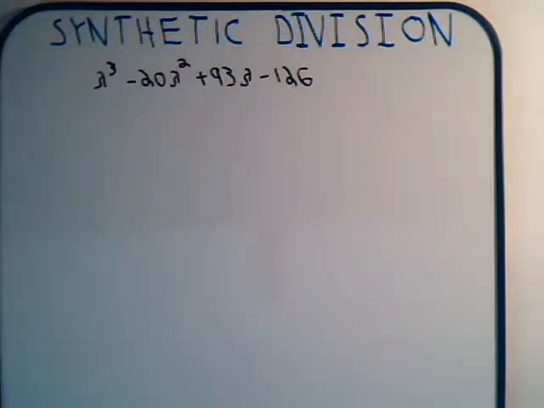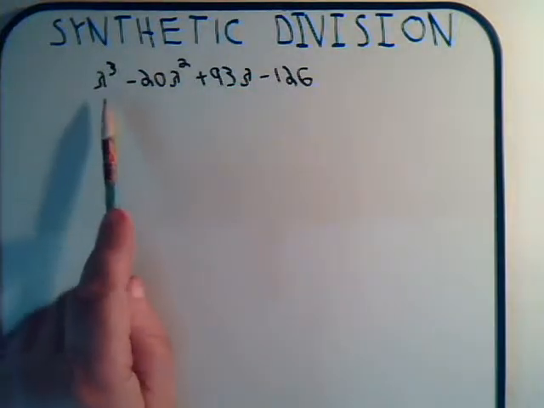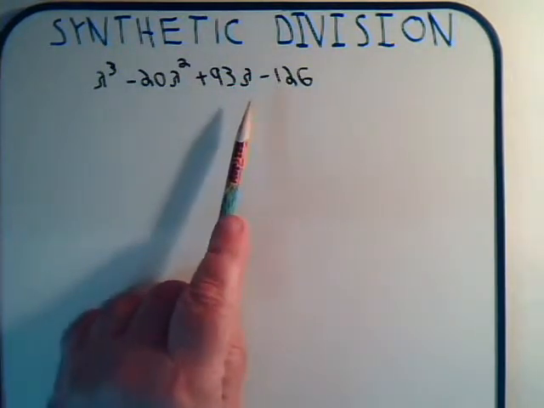Okay, in this video, we want to see if we can apply the method of synthetic division to try to factor out this polynomial here and express it in terms of its prime factors.